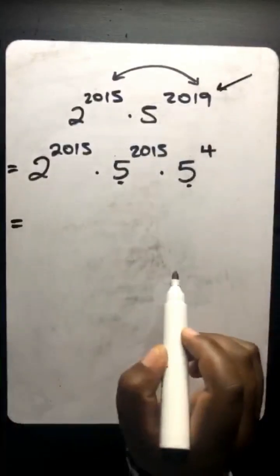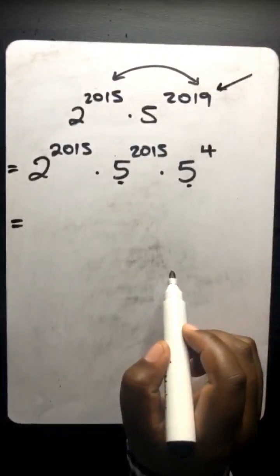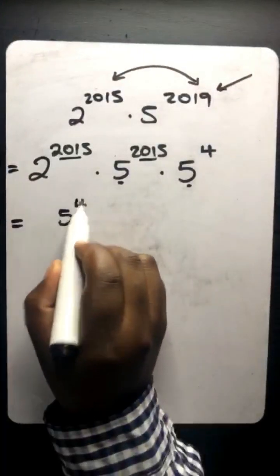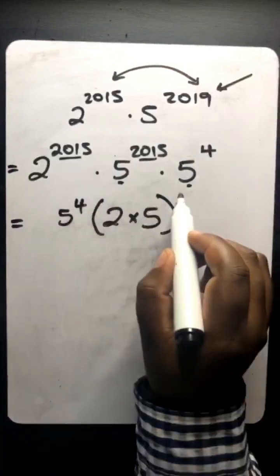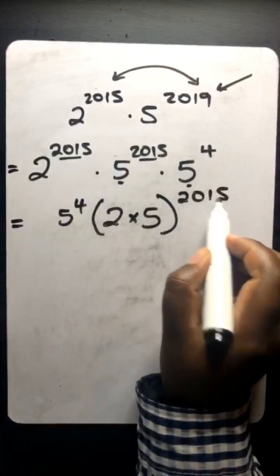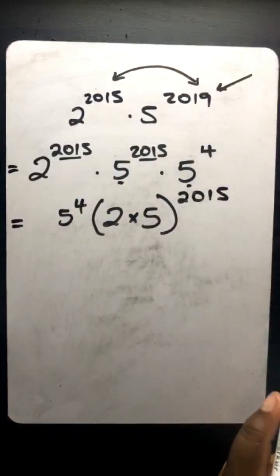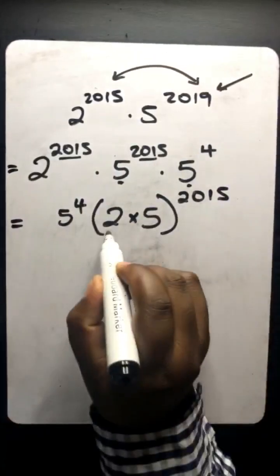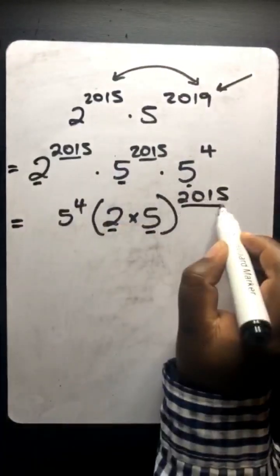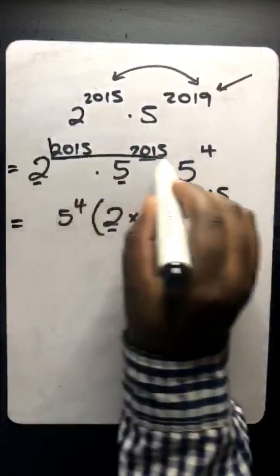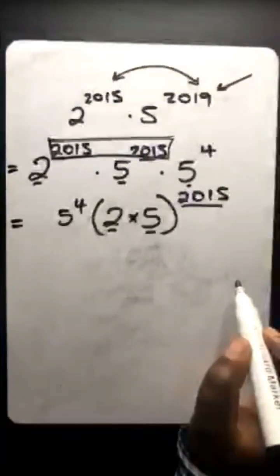Now I'm having the same exponents. So it's actually 5 to the power 4 multiplied by 2 to the exponent 2015 times 5 to the exponent 2015. This 2 and this 5 are the same as those, and this 2015 comes from there because it is the same power.